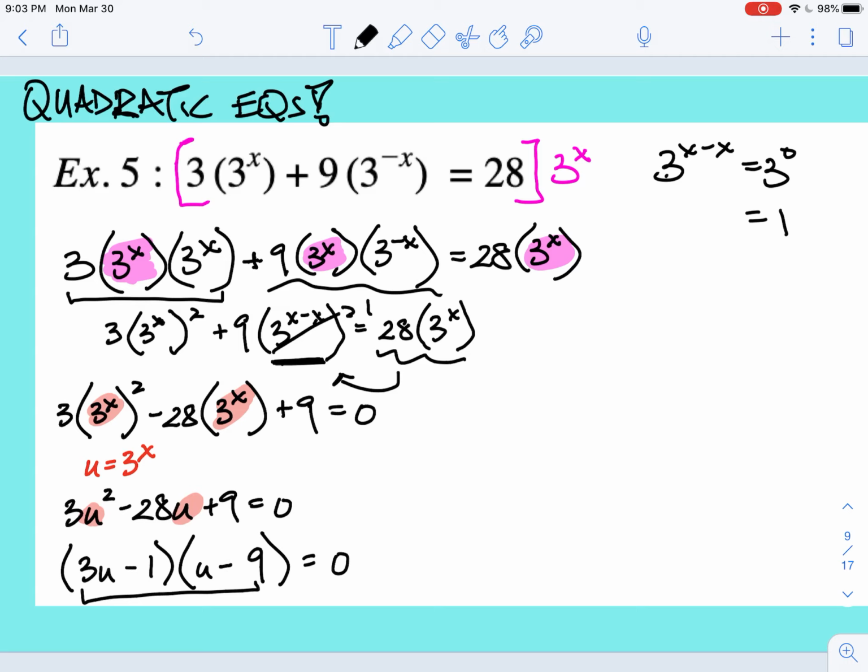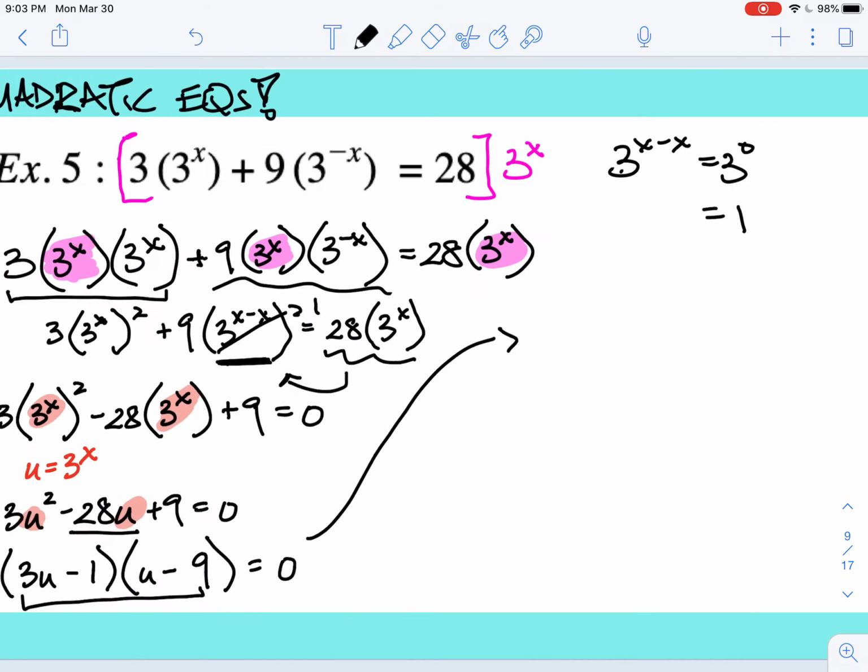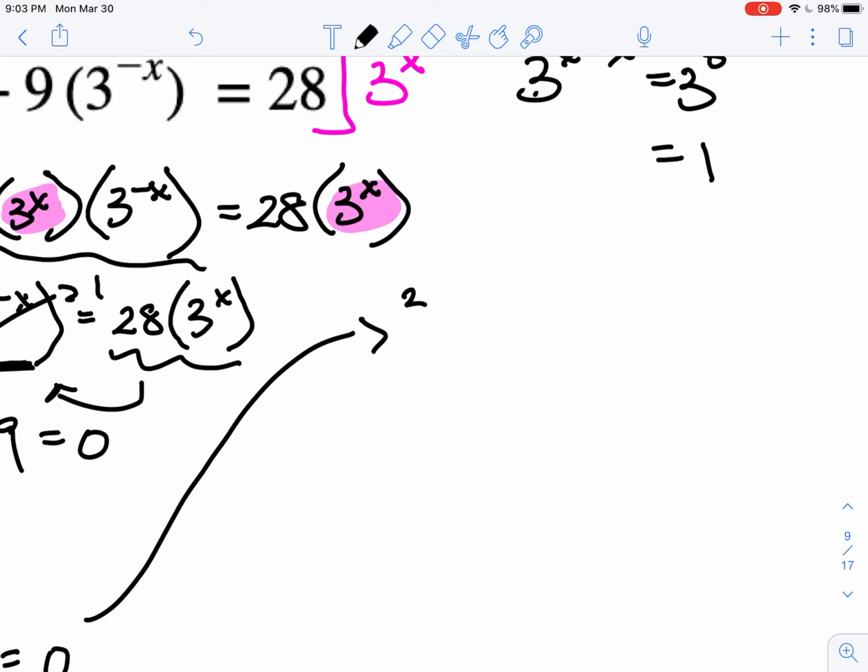So 27 minus 1 will give me this negative 28. Nice, it's factorable. All right, so we've got 3u minus 1 equals 0, and u minus 9 equals 0. And so in this case, we'll get u equals 1/3, and in this case, we'll get u equals 9.